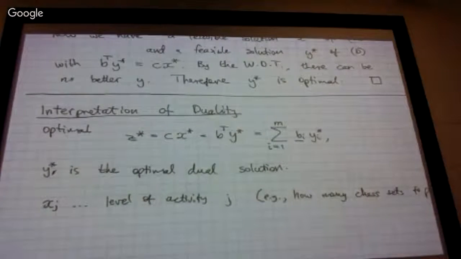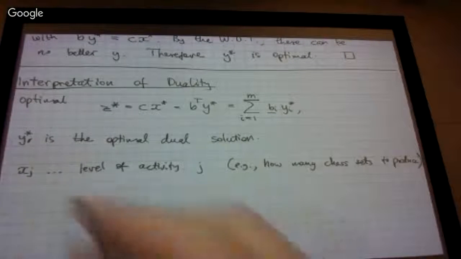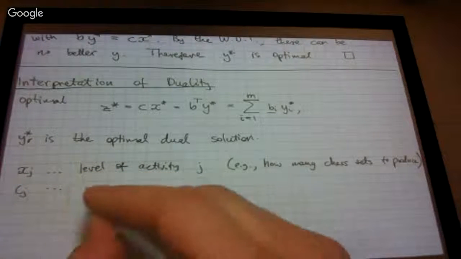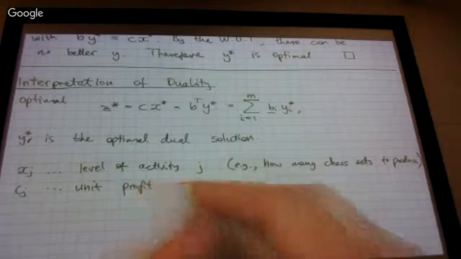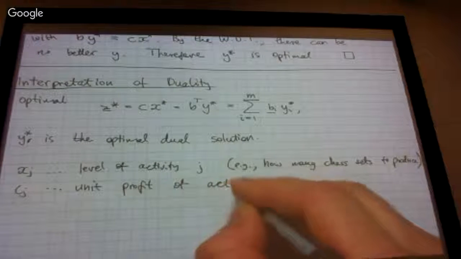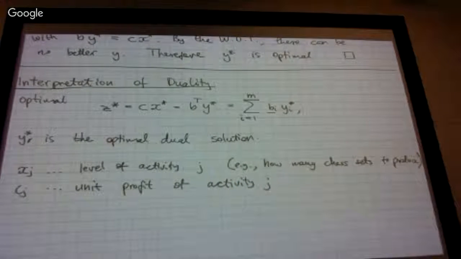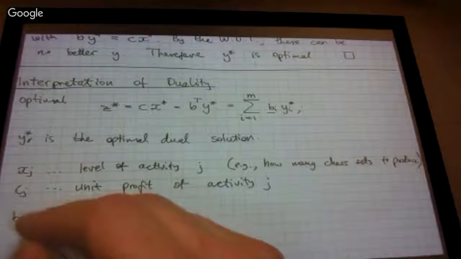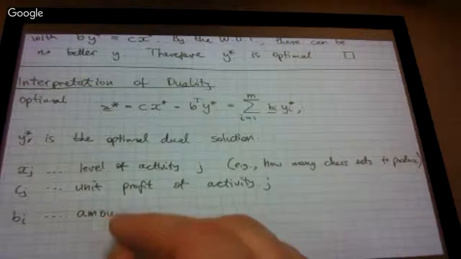And then the CJ was the unit profit of this activity. So we had how much profit every small chess set makes, and how much profit every large chess set makes. And then what was BI? BI was the amount of some resource available, wasn't it?